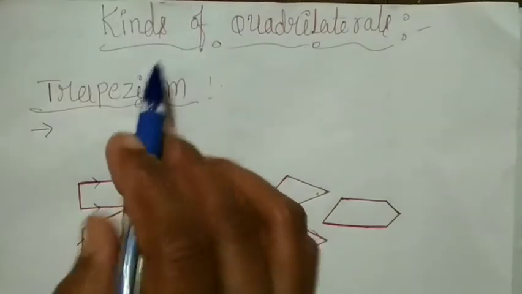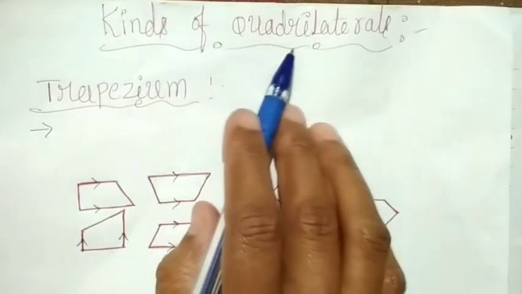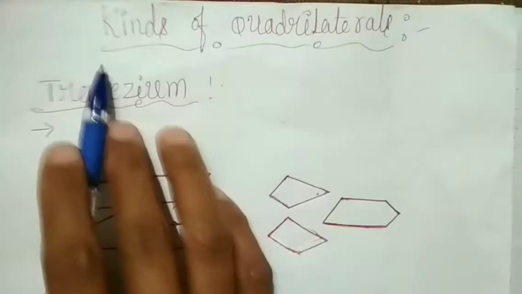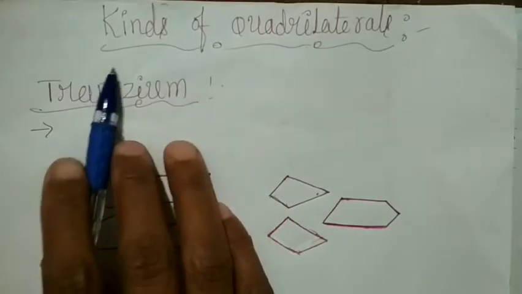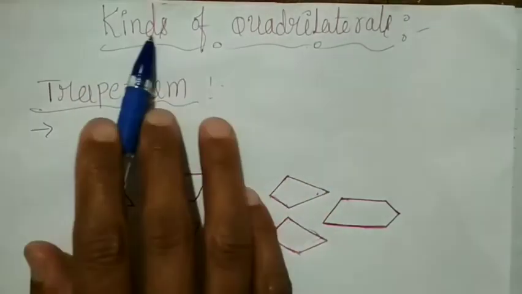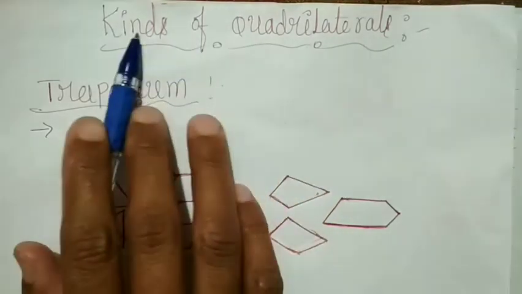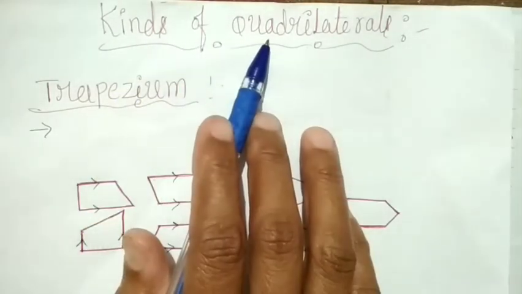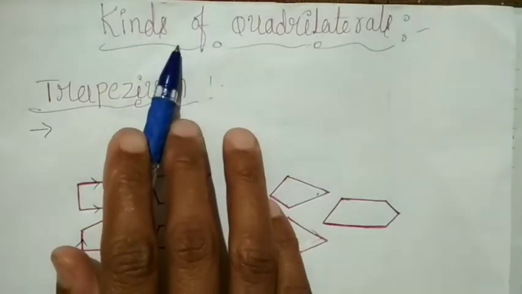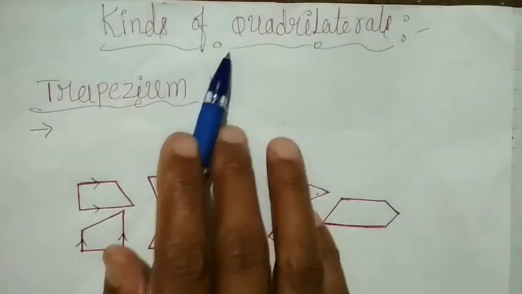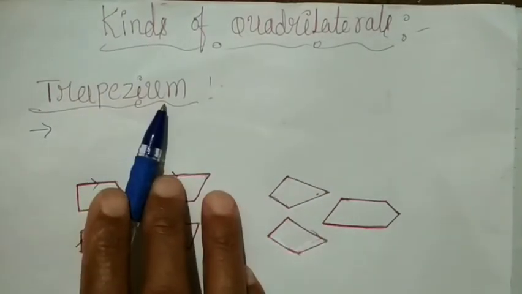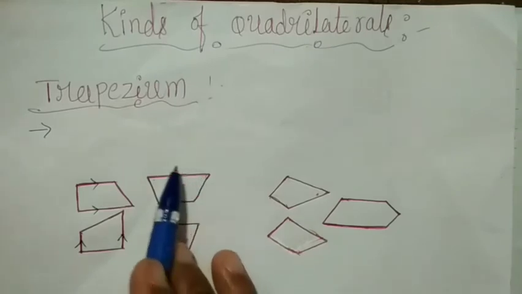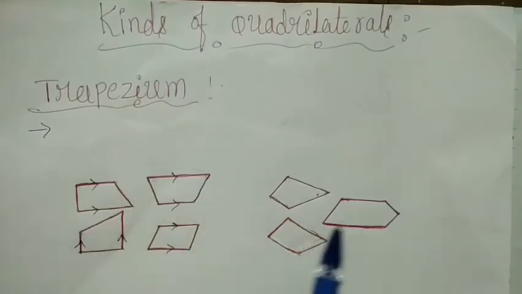Now coming to kinds of quadrilaterals. Dear students, based on the nature of the sides or angles of a quadrilateral, it gets special names. First one is trapezium. Students, look at this figure, observe carefully.